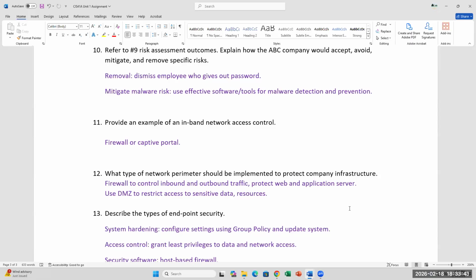Or you can also use a captive portal. So basically, in-band really means that it's connected on that line, on that same segment or area of your network.